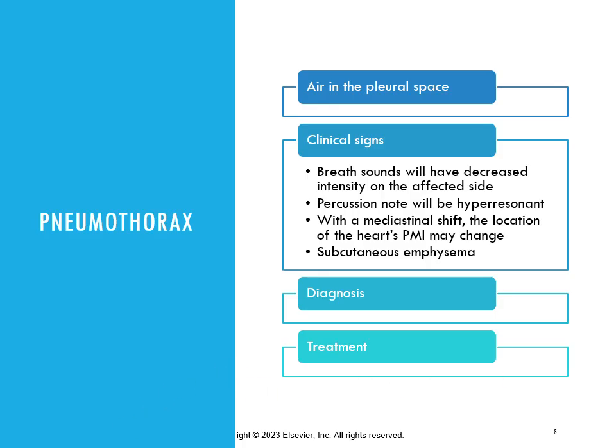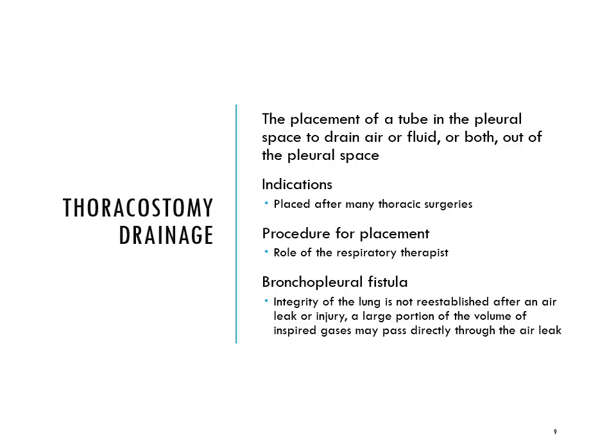So let's talk about chest tubes and chest tube drainage. The placement of a tube in the pleural space to drain air, fluid, blood, or both out of the pleural space is called thoracostomy drainage.